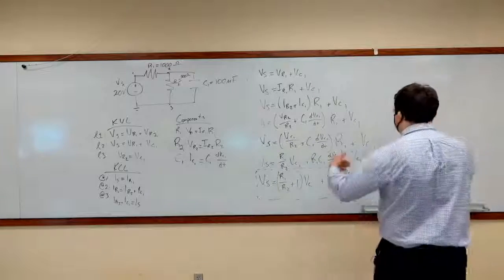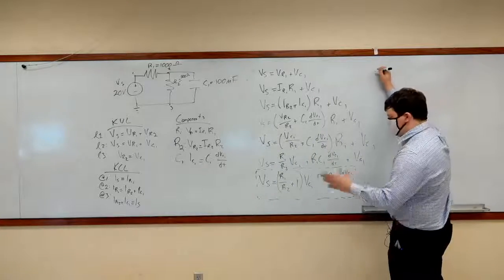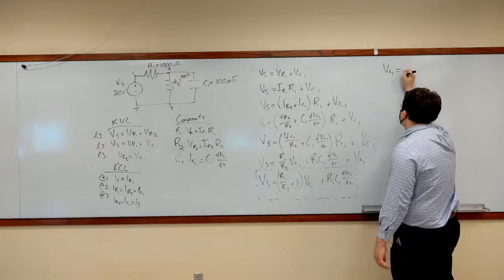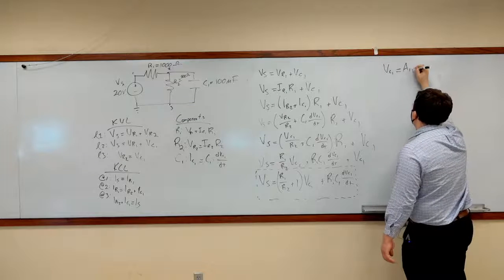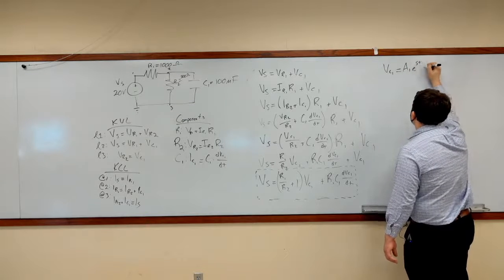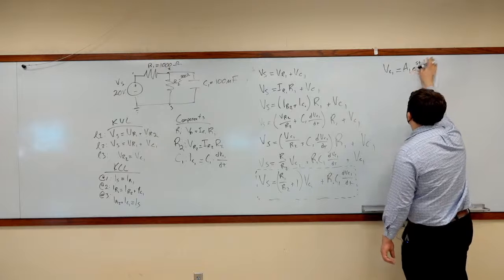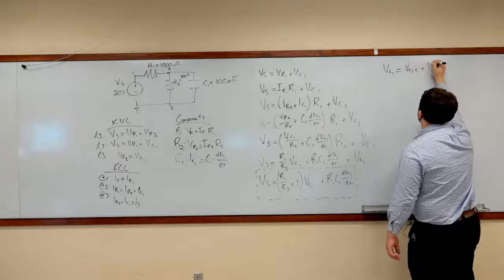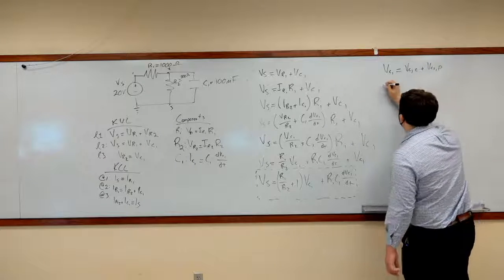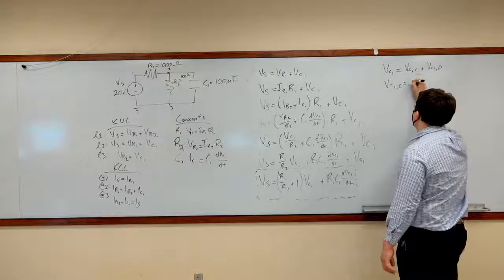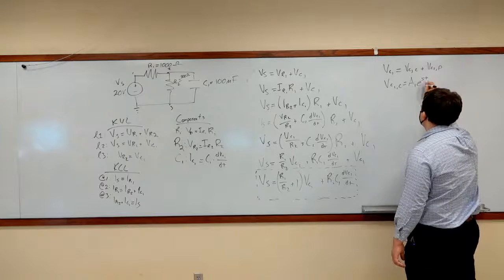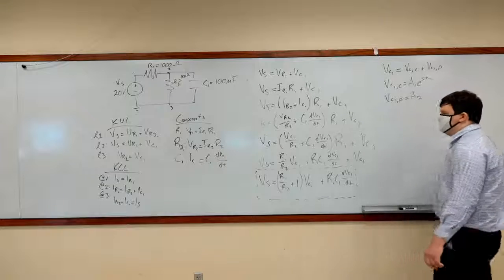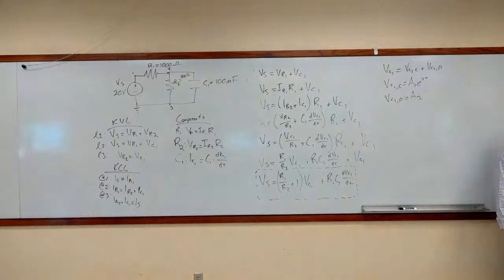Well, actually, first of all, the time function of VC1 is going to be equal to, oh, sorry, VC1c plus VC1p. VC1c, we're going to guess, is A1 e to the st. And VC1p, we're going to guess, is A2. Why? Because this is a first order system.